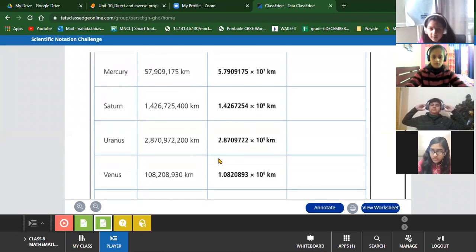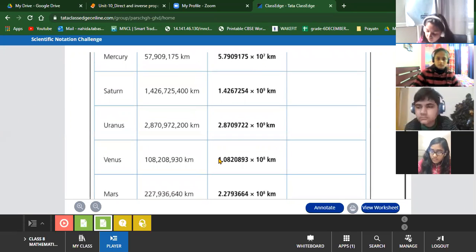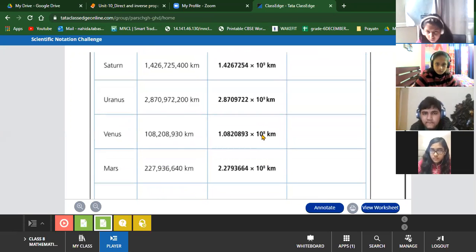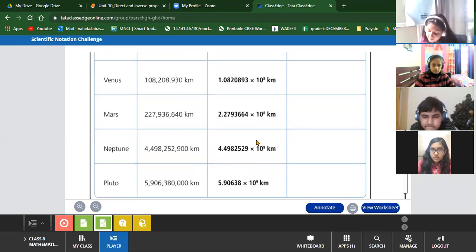Then Uranus, 2.870972 multiplied by 10 raised to the power 9. Venus, 1.0820893 multiplied by 10 raised to the power 8. Mars, again 10 raised to the power 8. Neptune, 10 raised to the power 9. And Pluto, 10 raised to the power 9.